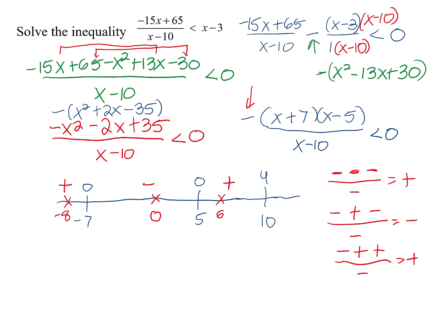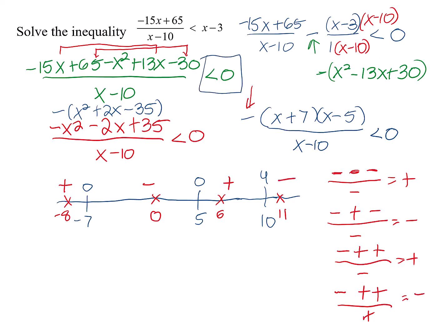So it's positive right there. And now let's test one more. Let's test 11. I still have the negative that's out in front, and then 11 would make the first factor positive and the second factor positive. In the denominator, it will be positive as well. Negative times some positives is negative.